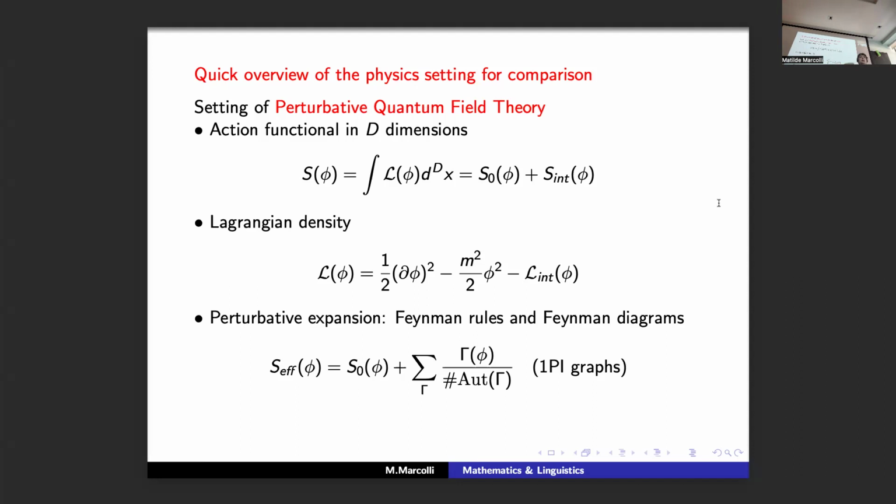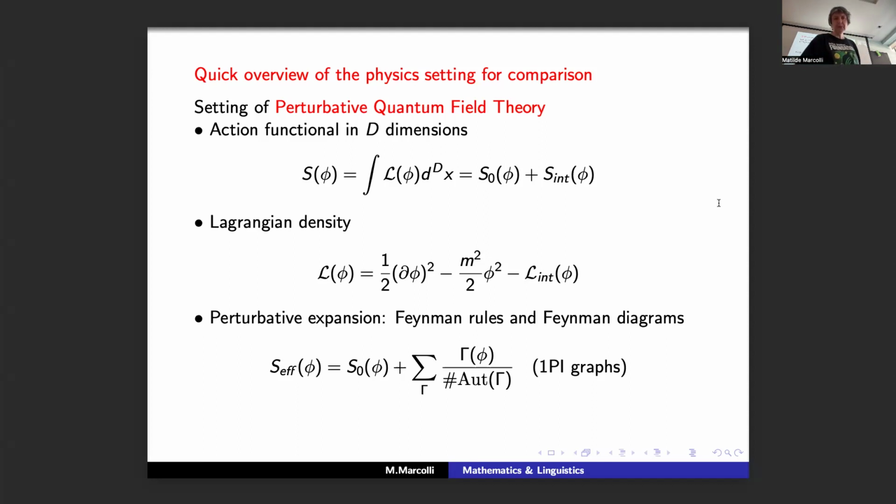If I have a cubic interaction, I can think of it as three copies of my field coming together and interacting, so it generates vertices of valence 3 in my Feynman graph. If I have a phi 3 and a phi 4, I expect my graph will have some vertices of valence 3 and some of valence 4, and so on.